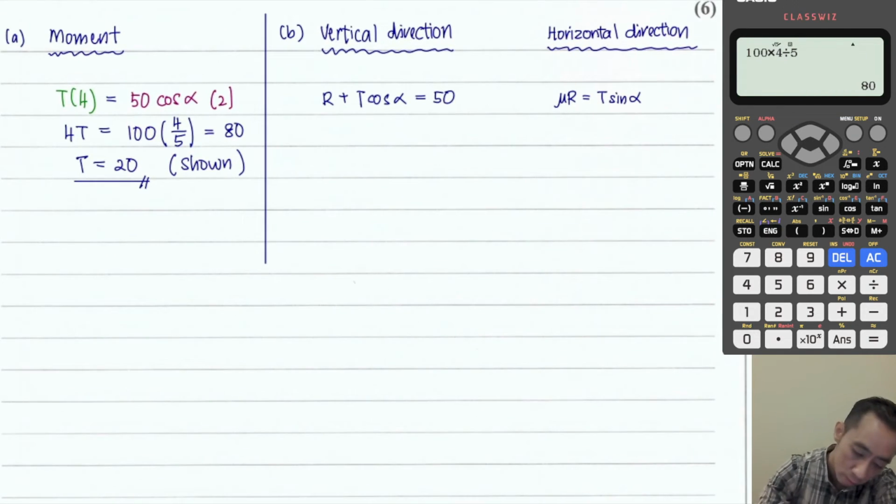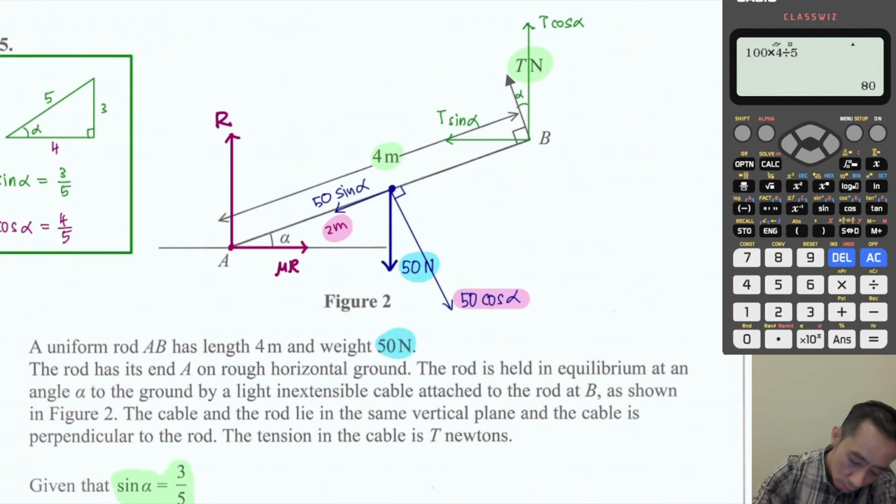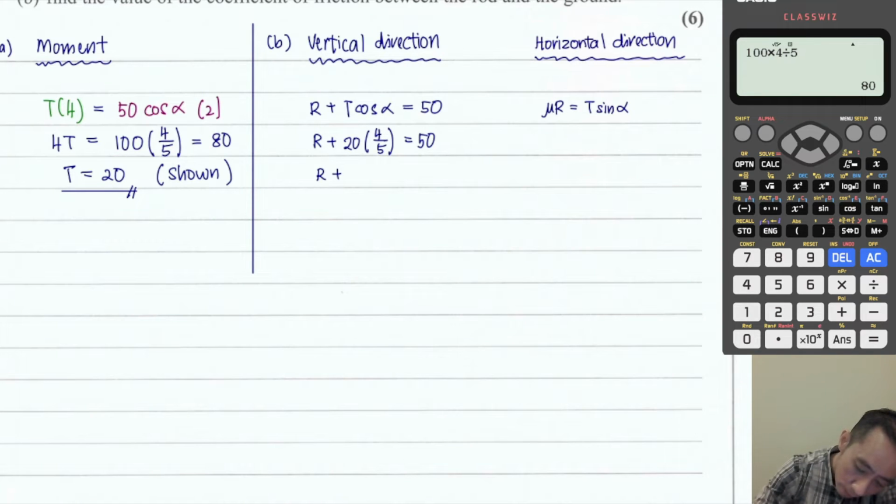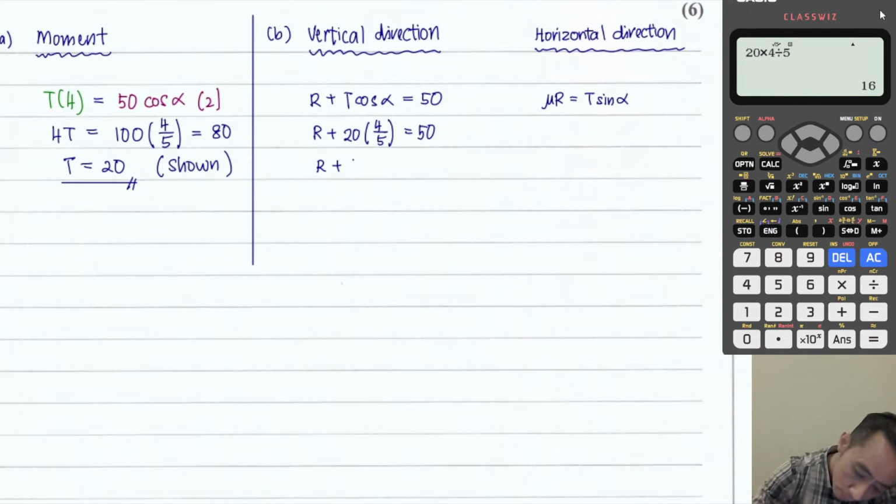Therefore, R plus 20 times 4/5, which is 16, equals 50. So R is equal to 34.